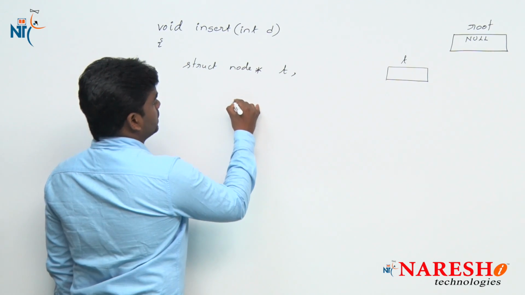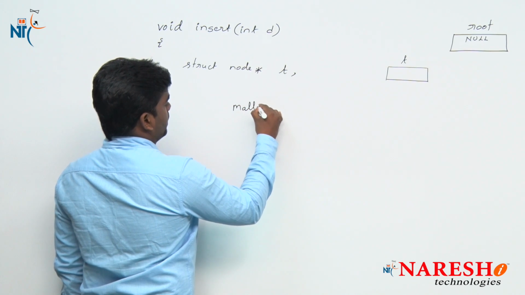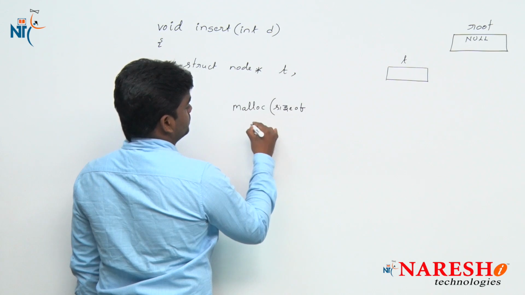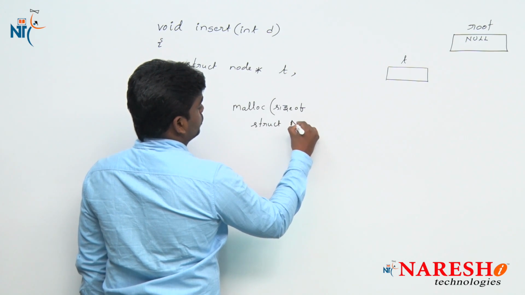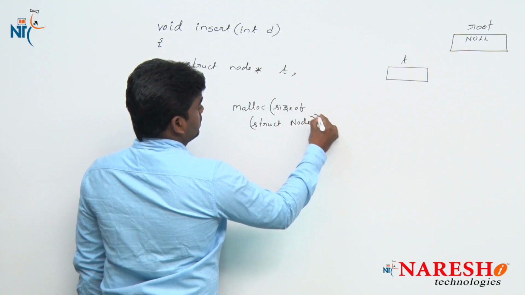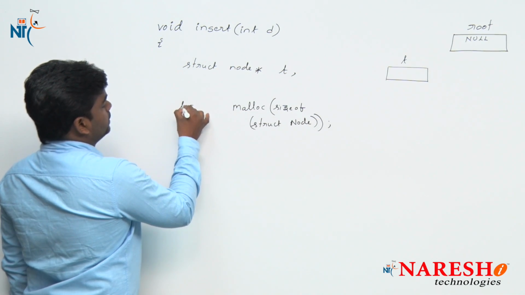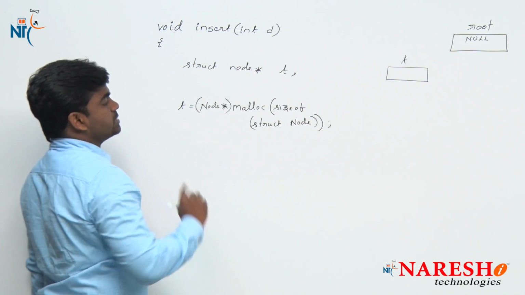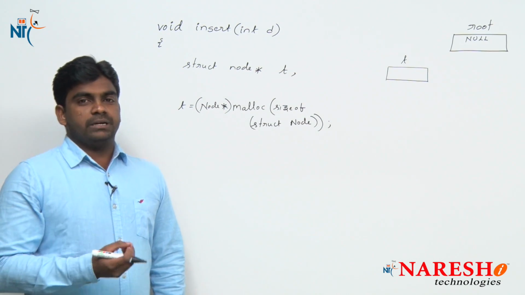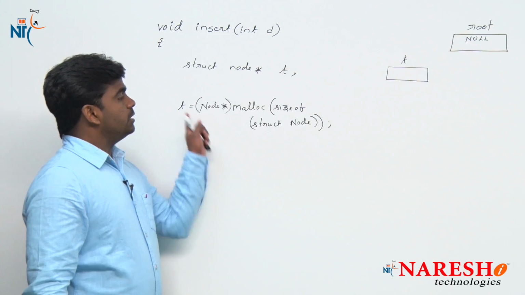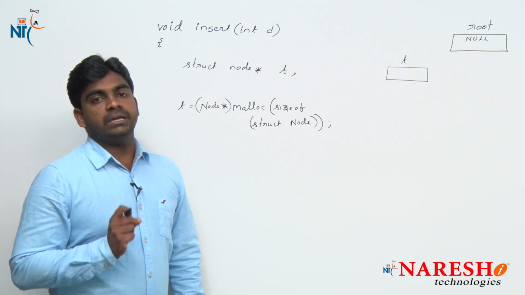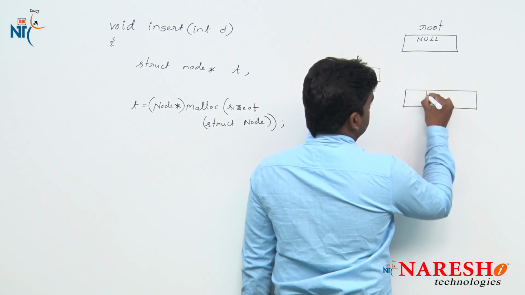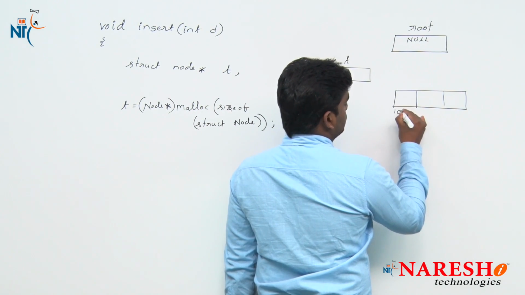We know how to create it, using malloc. Here we pass the size of struct node and collect it into t, with typecasting. I am not writing it completely, you have to write struct node star, as we have discussed many times. This is the memory allocation, then the node will be created with three fields at some location, say 1000.